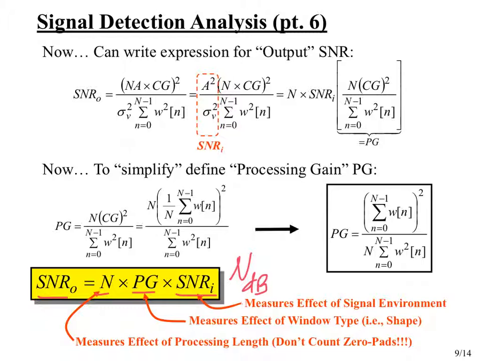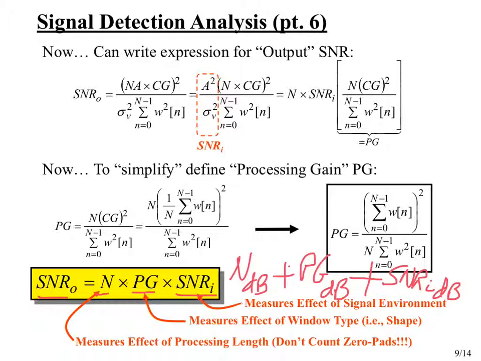So N of 100 is 20 dB in dB form, plus processing gain in dB form. So if processing gain is 1, because we're using a rectangular window, dB of 1 would be 0. And then plus SNR in dB.